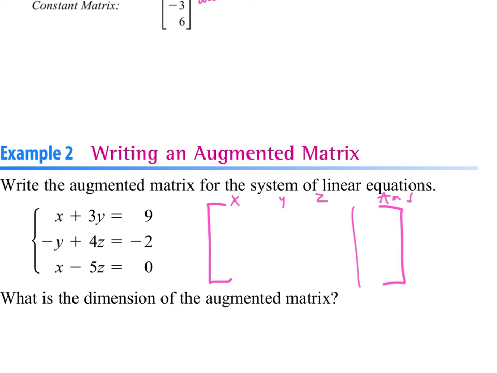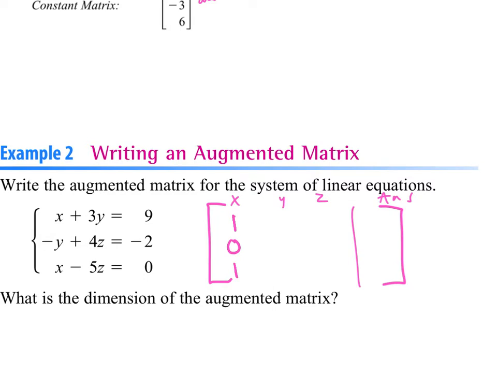Starting with the first column of x's, what's our coefficient for the first x? 1. What about the second one? Do we have an x in our second equation? No. So what do you think is going to go into our matrix? 0. Yep. And the third row in the first column would be 1.